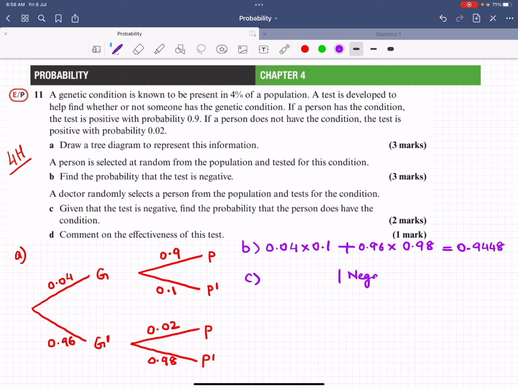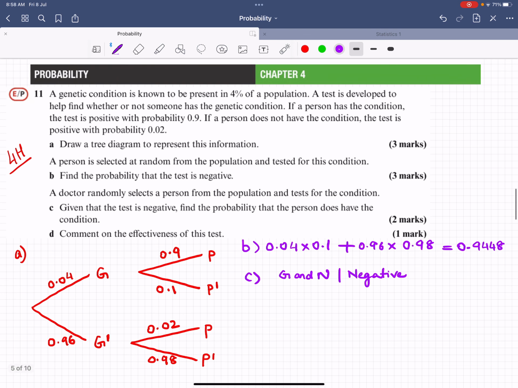So we want to have the genetic condition and the test is negative, given that the test is negative. We know that in conditional probability, this is our denominator. We have already found in general the probability of the test being negative, and that is 0.9448. So that's going to be our denominator.